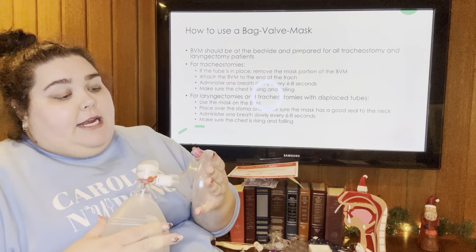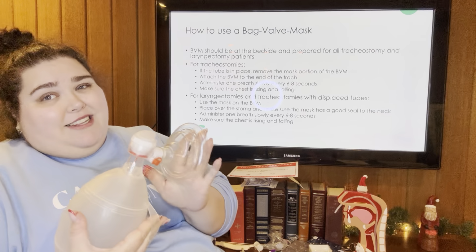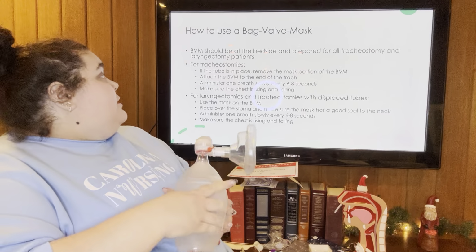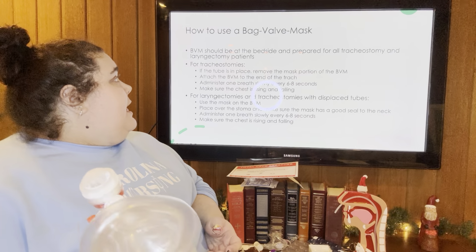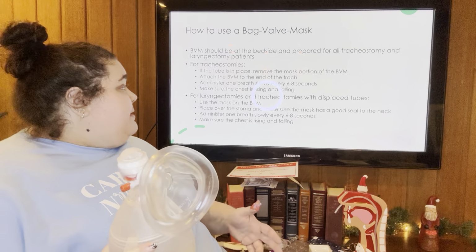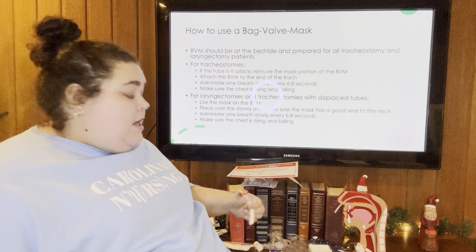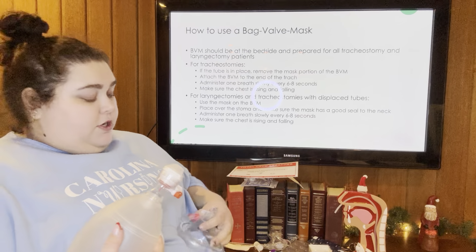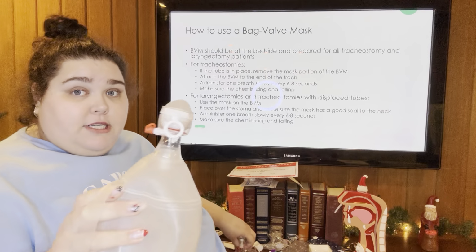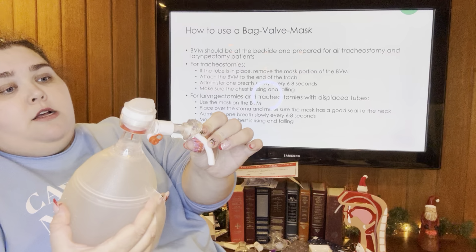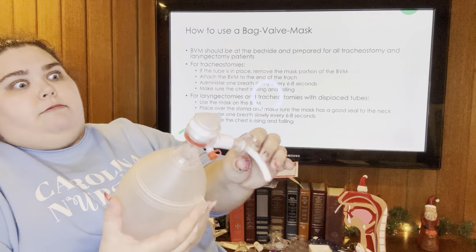Ideally, you'd be using a pediatric or an infant mask, because obviously this is a little bit big for a neck, but we use what we got. If you have a tracheostomy and the tube is in place, then we're not going to use this portion right now. We're just going to use this portion, and it's just going to hook to the end of our trach. So it just clamps on.